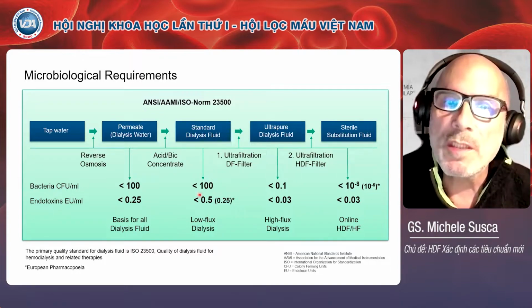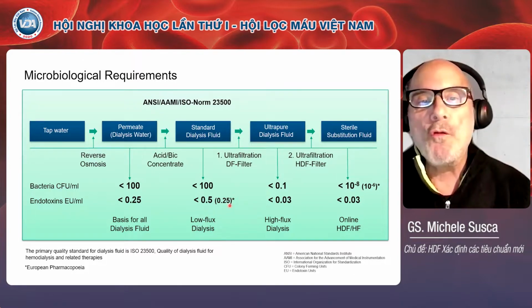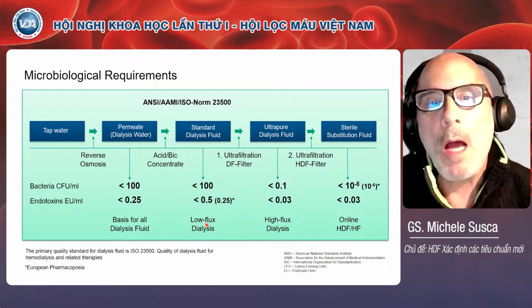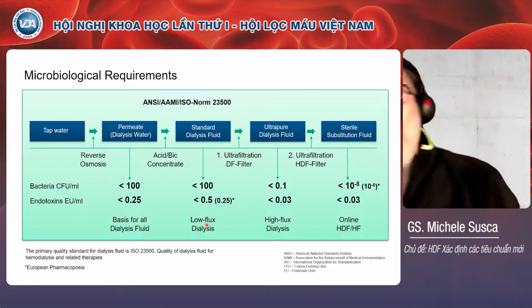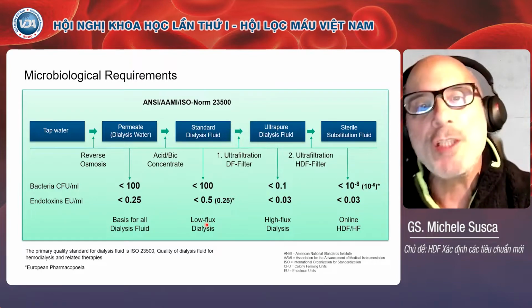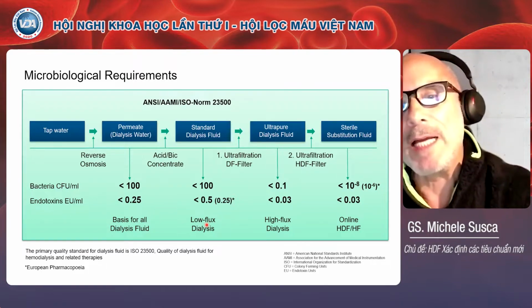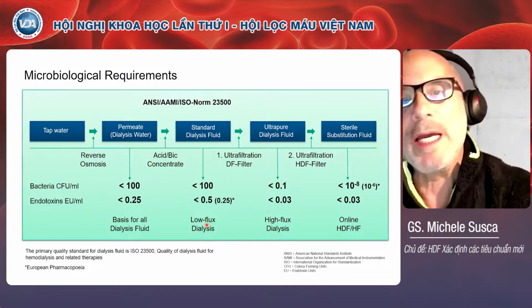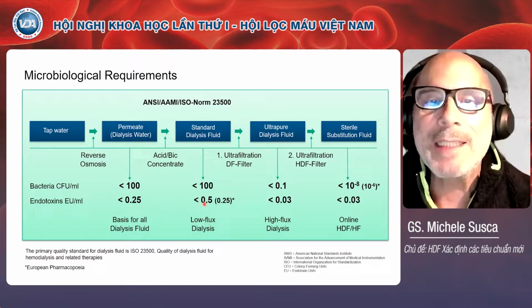We can use this in a standard low flux dialysis. Now, when we want to do more, this quality for our HDF therapy or high flux dialysis is not good enough. We have to clean such water again.